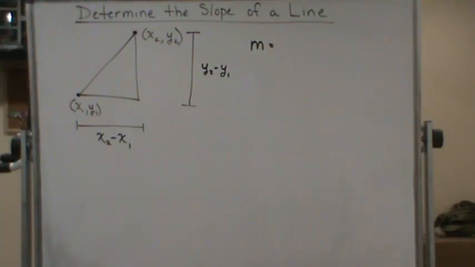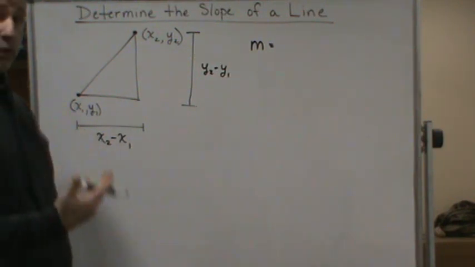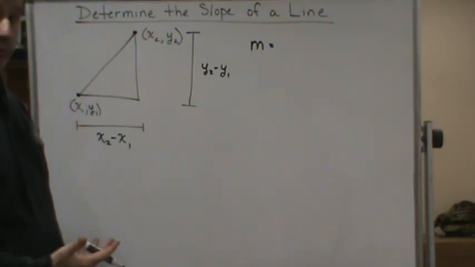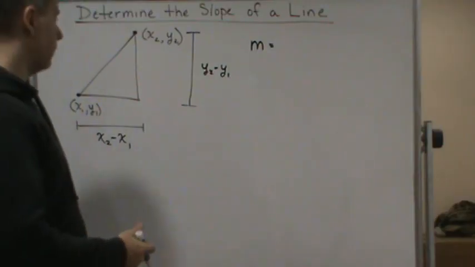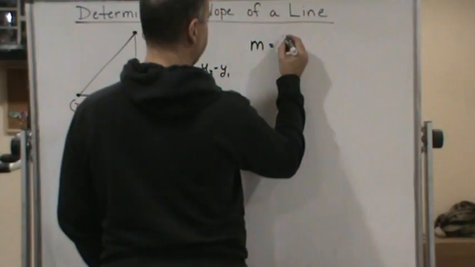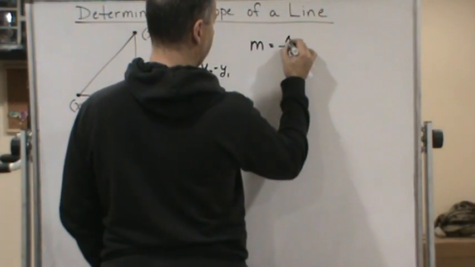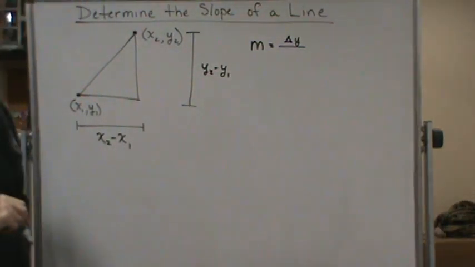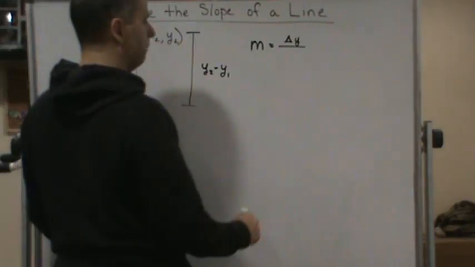Again, think about what I said: for every 1 unit change in the horizontal, what is the change in the vertical? So this is going to be a ratio. It's going to be the change in y. We use delta y. This triangle means change; we call that delta, a Greek symbol, capital delta.